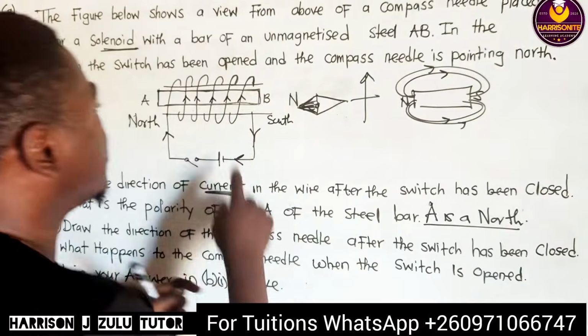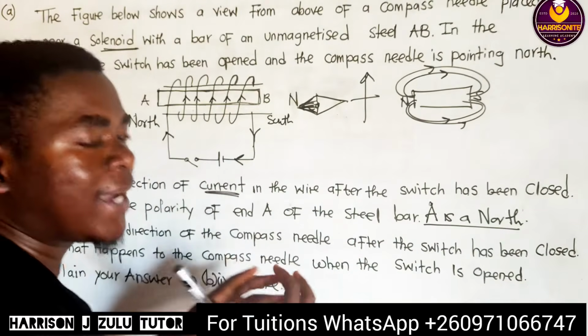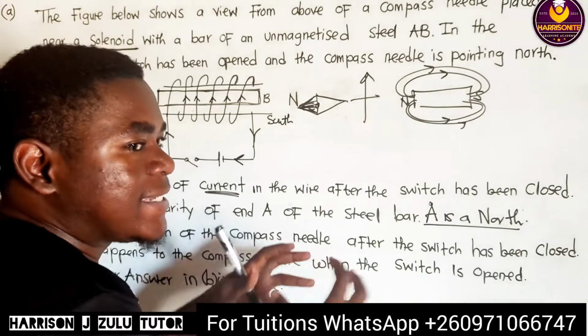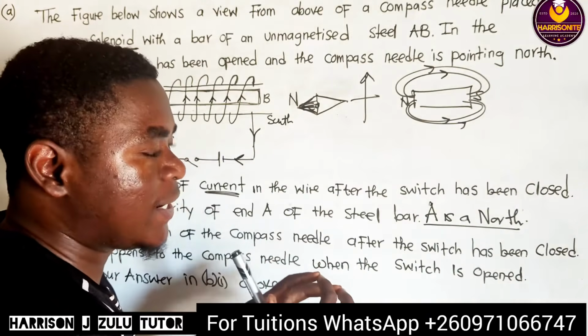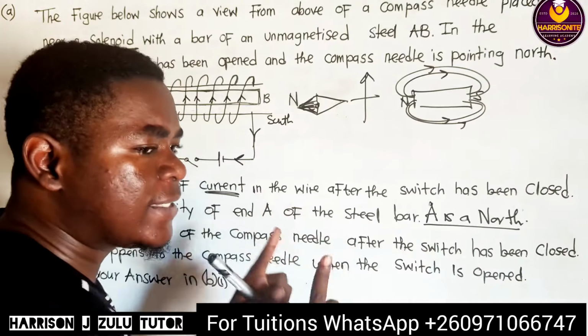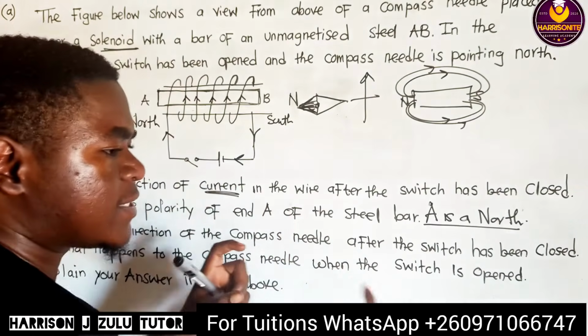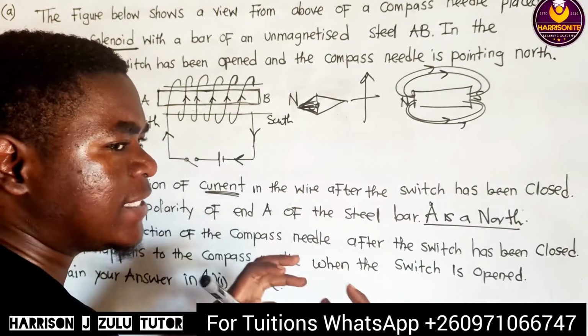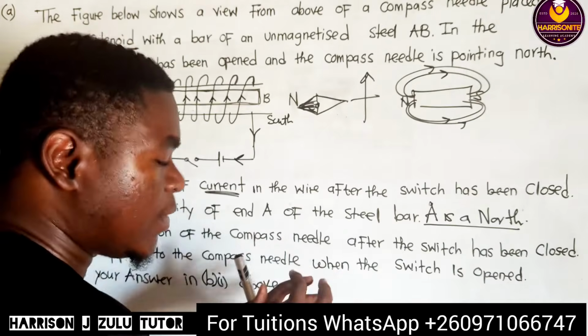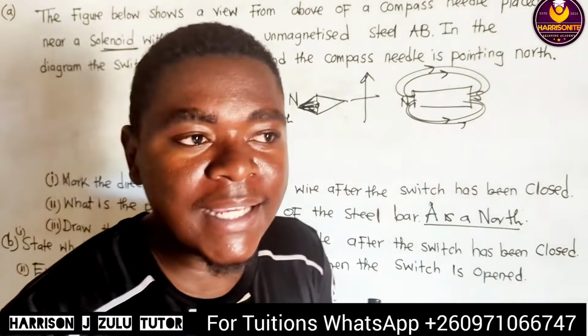Why? Because this steel has been magnetized, meaning it has gained magnetic properties. Whenever we are talking about steel and iron as magnetic materials, we use steel if we want to make a permanent magnet, because it is very hard to magnetize steel and very hard to demagnetize steel.